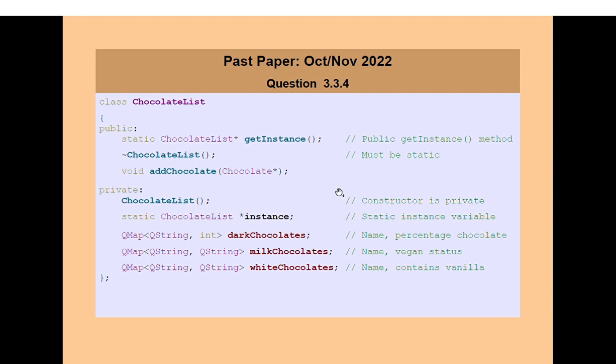And that really is all that is required. Again, if you've done your Singleton patterns in assignments, it should be a pretty simple question to answer. Just to emphasize again, the most important aspect is the private constructor and then the static data member and the static method to get the value of that data member.